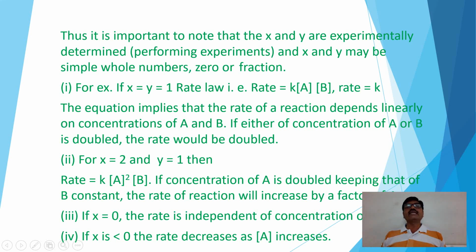How the rate depends upon the molar concentrations of the specific reactants is tested by performing that reaction repeatedly. So this is a completely experimental thing, and x and y may be simple whole numbers, they may be zero or a fraction.